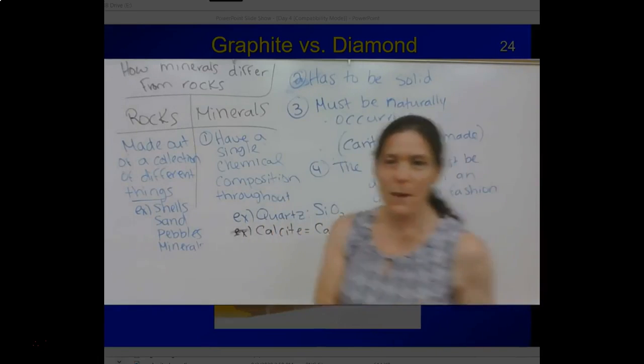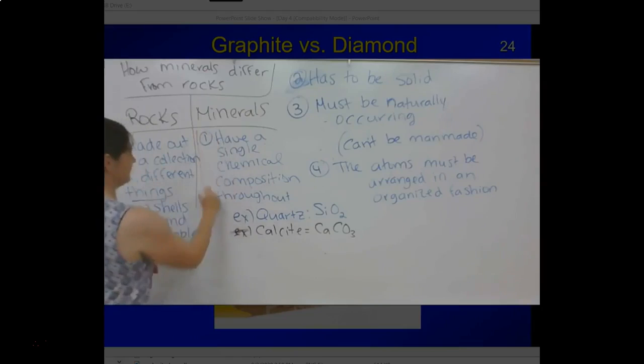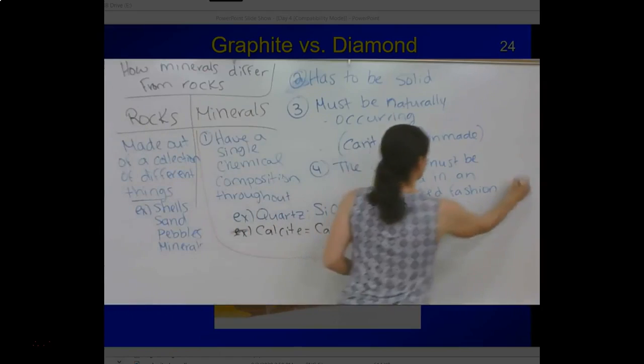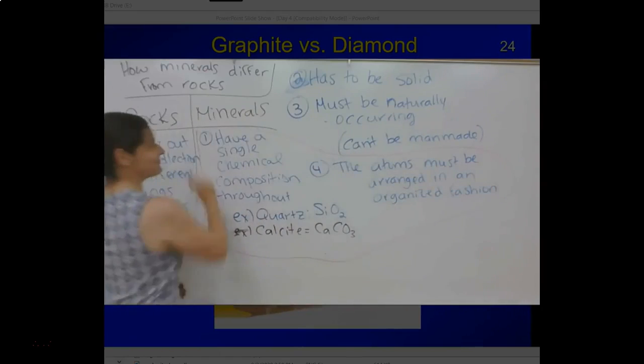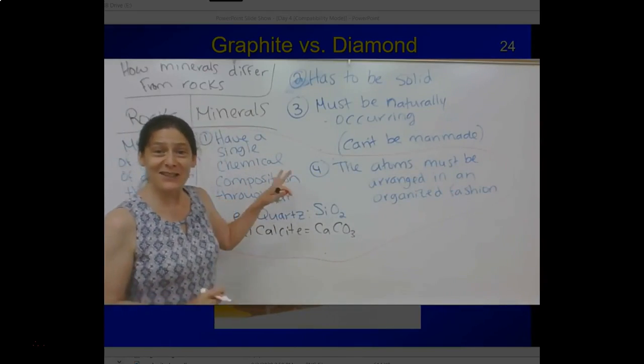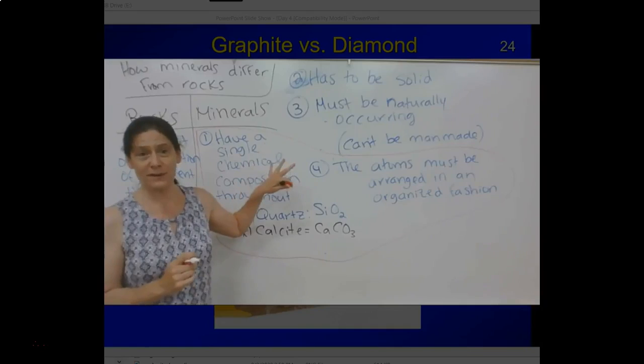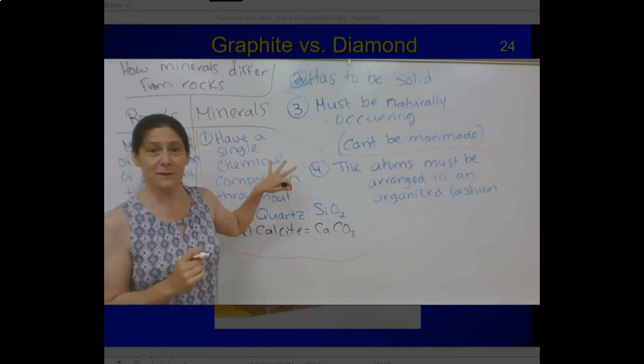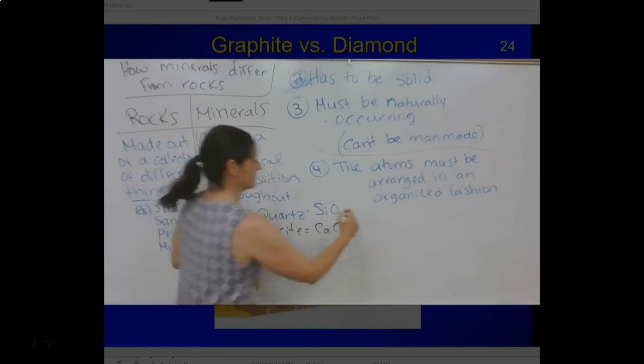So I'm just going to box this. You can figure out how you want to put that in your own notes. These two things are the most important for giving a mineral its physical properties.